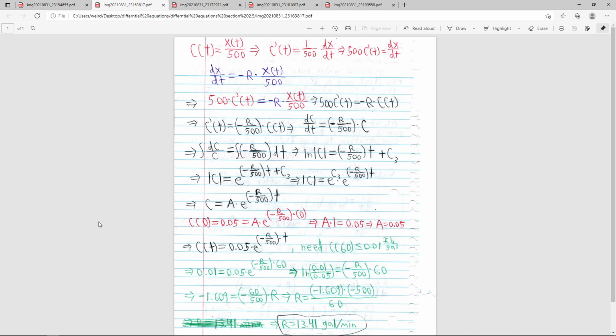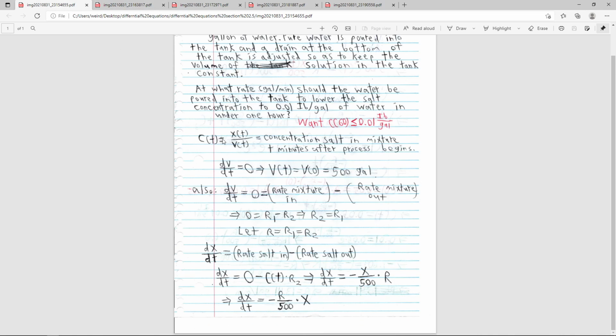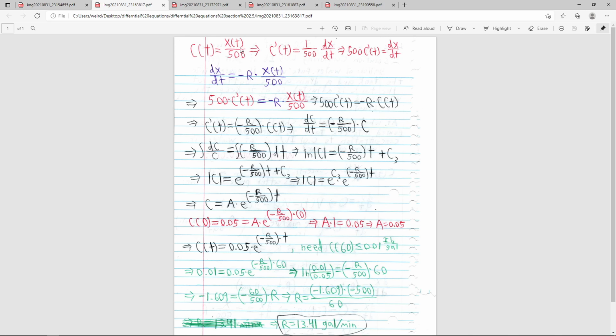Now there's possibly a second way to do this, but let's do the first way, which seems like the more official way they want you to do it, to some extent. So we know c of t is equal to x of t divided by 500. As we discussed previously, it's x of t over v of t, and v of t is always 500. So if we take the derivative, it's c prime of t equals 1/500 dx/dt, implicit derivative. If you remember implicit differentiation, that's basically the same idea here.